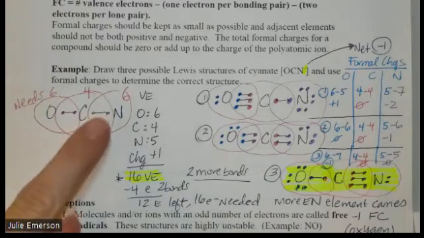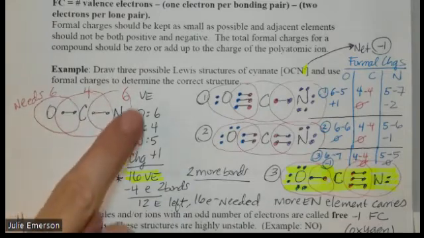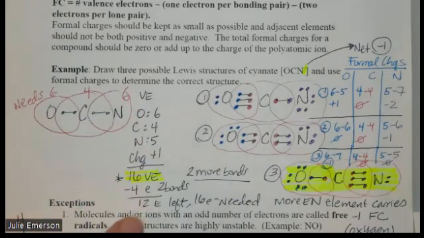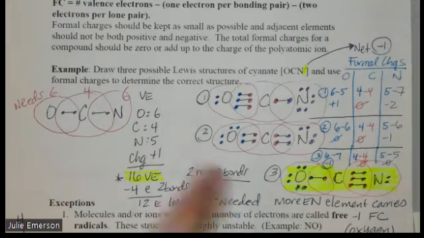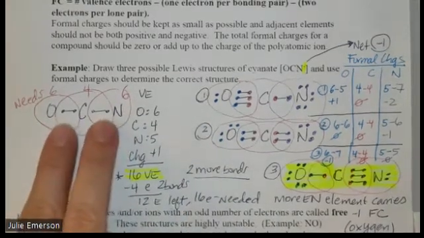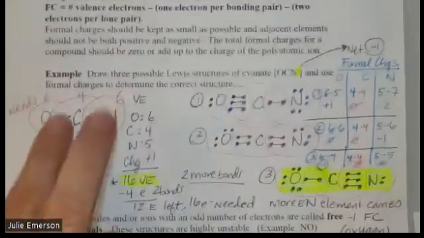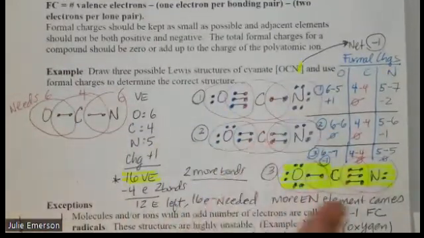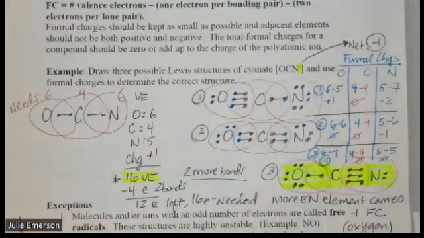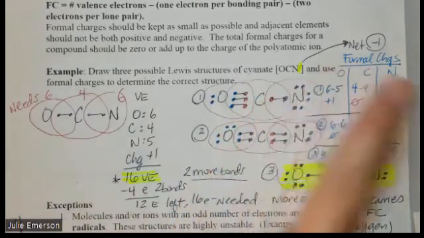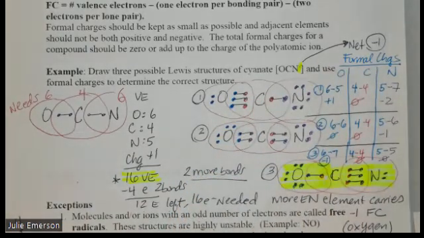When we got to this initial skeletal structure and looked at our total valence electrons, we realized that we needed 2 additional bonds, and the question was, okay, where do I put them? Do I put them both on the left, both on the right, or 1 on each? So we had 3 possible structures. And the only way to know which one is the right one is to go through all of this with the formal charges.